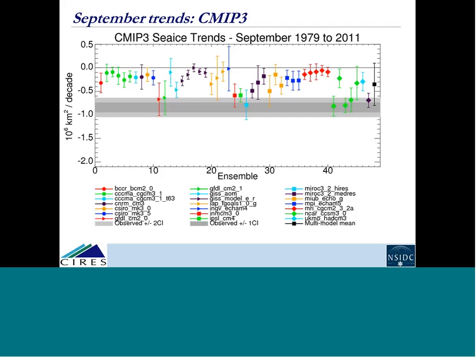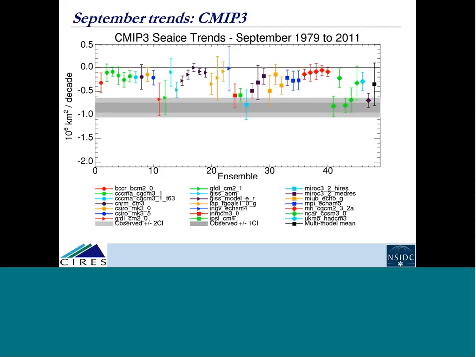And this figure really reinforces the message of Julien's 2007 paper, which is that the observed decline was faster than was represented in the models. Just to explain the figure a little bit, the dark and light gray shading shows the plus and minus 1 and 2 sigma confidence intervals for the observed trend.